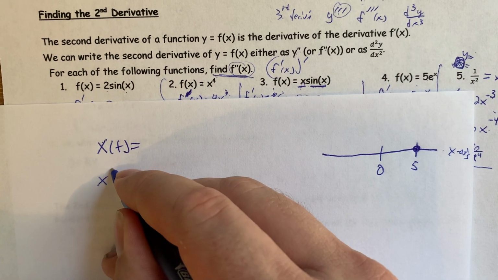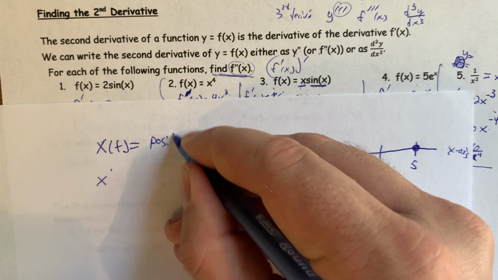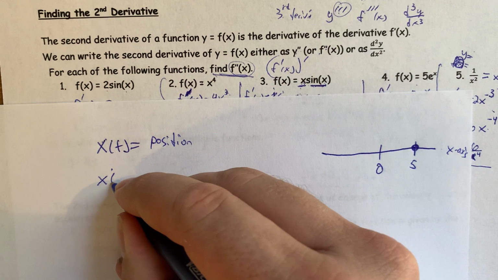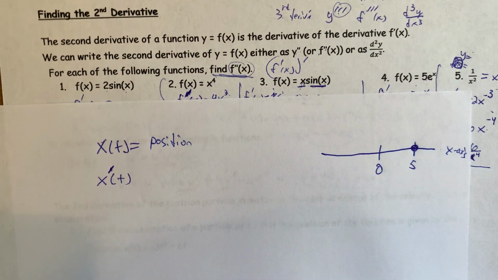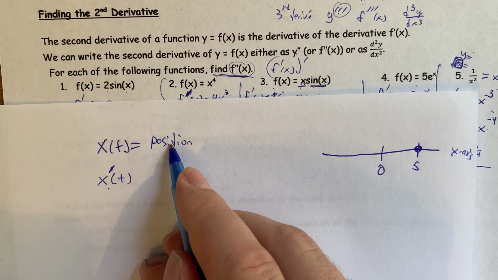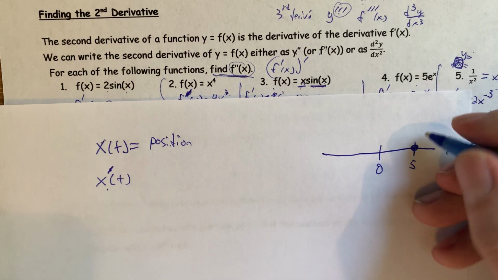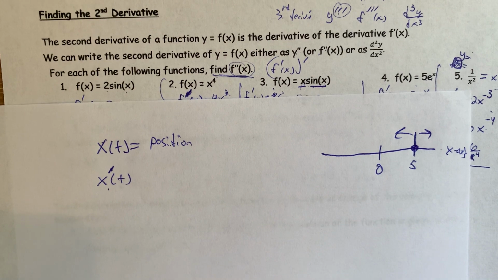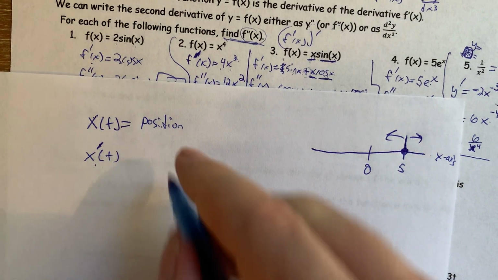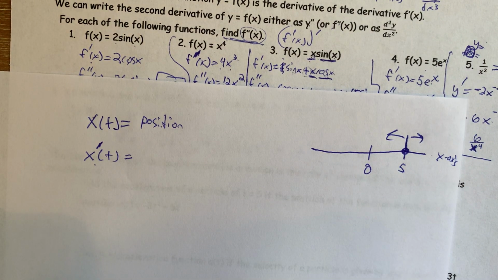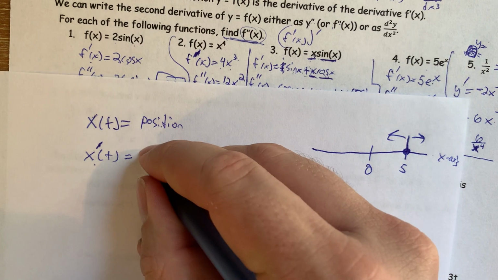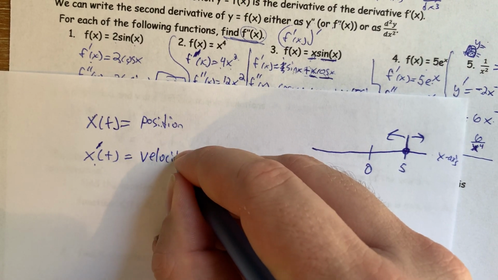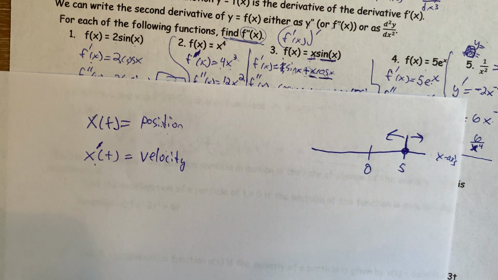Then the derivative, this is position. The derivative of x of t means how is the position changing at any time? So that's not about where you are. It's about what direction you're going. There's a word for this in physics, and it's called the velocity. The velocity means how is the position changing.